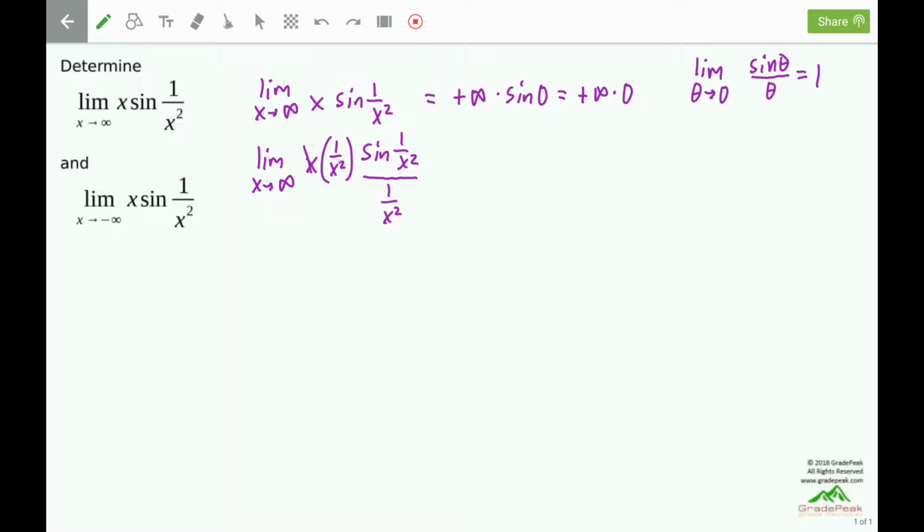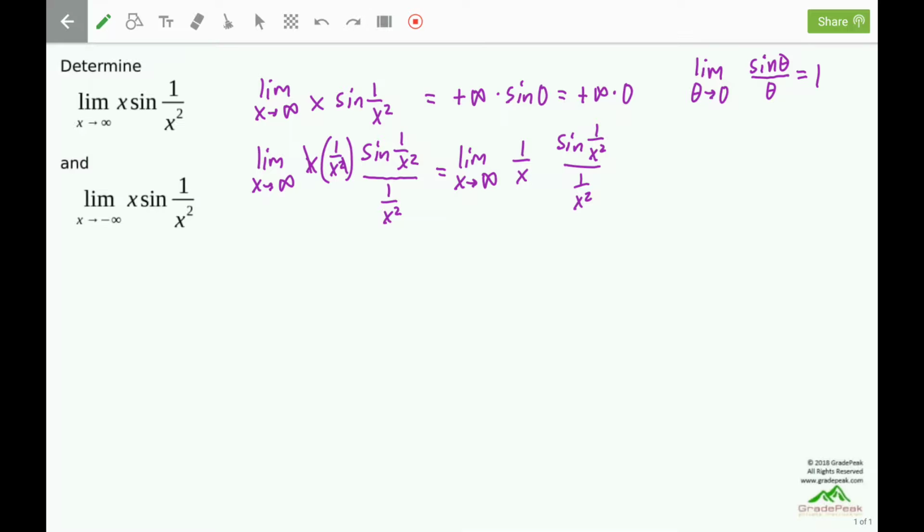In the numerator, one of the x's can cancel with one of the x's in the denominator, leaving a 1 over x, and sine of 1 over x squared over 1 over x squared.